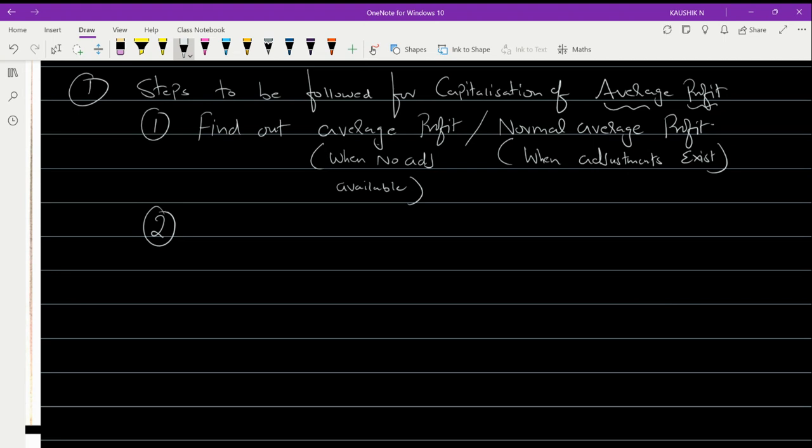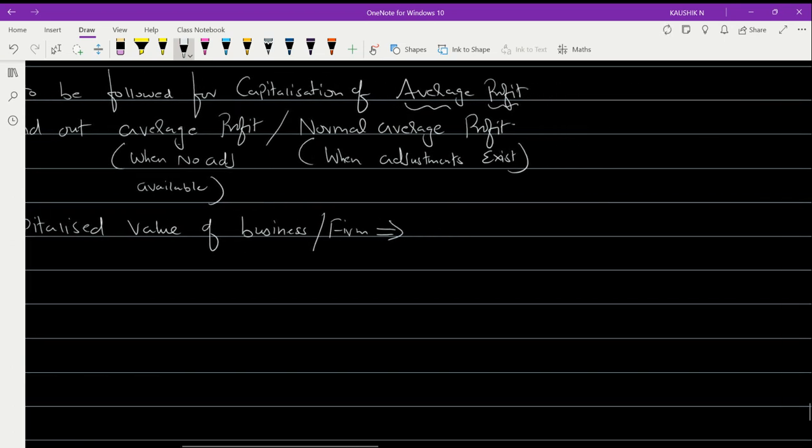Step number two is to find out the capitalized value of the business, or we otherwise call it the firm. Capitalized value of the firm is the second step which we need to find out. For finding out this capitalized value of the business or firm, we will make use of the value we have got in step one.